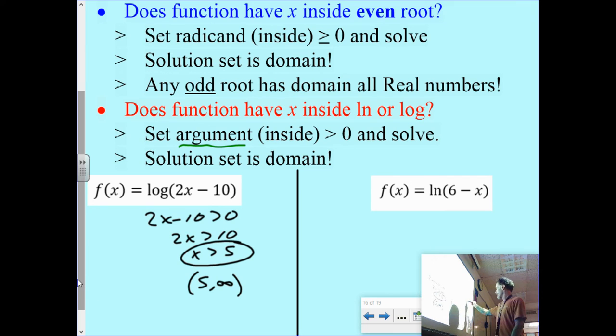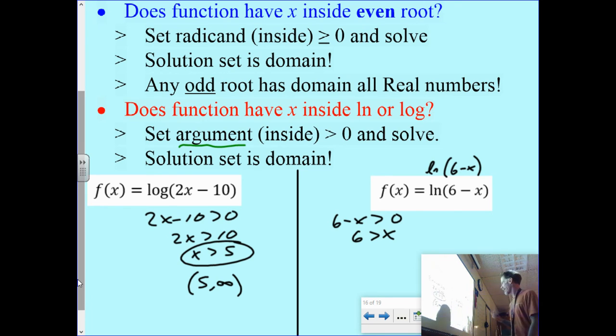And then for the last one, again, that's ln. When I write it by hand, I always do a cursive L, so everybody knows it's not a 1. Same thing: inside, whatever it is, greater than 0. In this case, since it's just a single x, I think a lot of people might just move the x over, which is fine. You can write it like that, but that's kind of clunky. We like having the x first and reading it left to right.